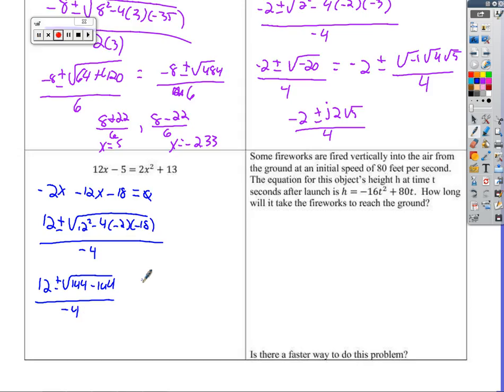So what I have here is 12 divided by negative 4 gives me a negative 3.